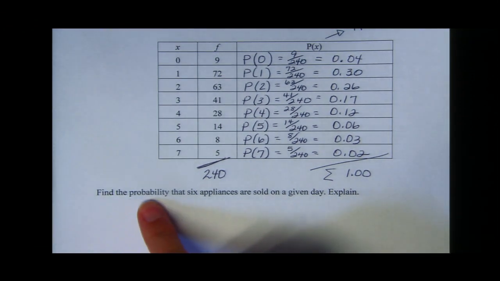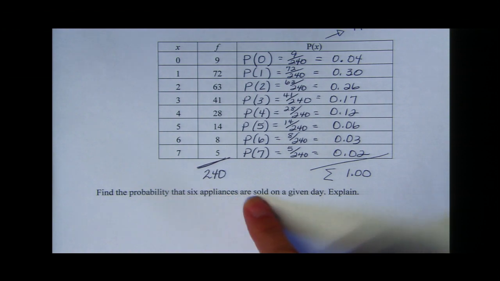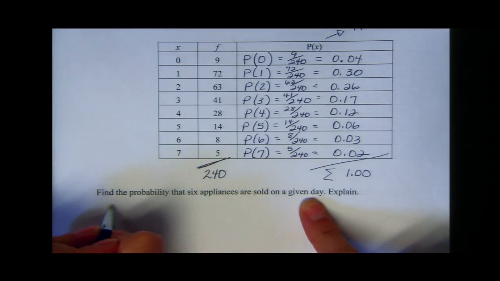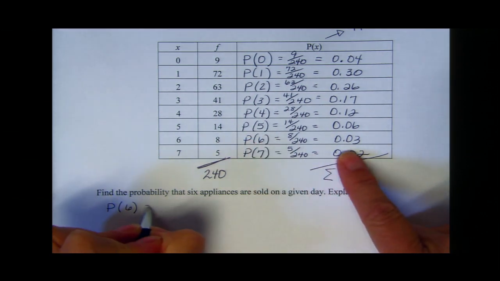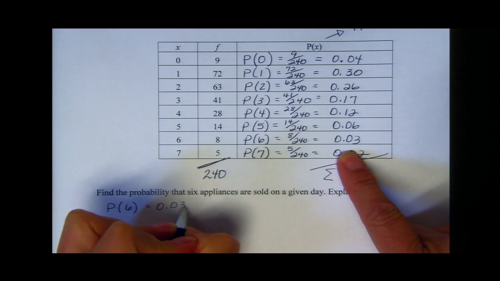It says, find the probability that 6 appliances are sold on a given day. So the probability that we sell 6 appliances is 0.03.